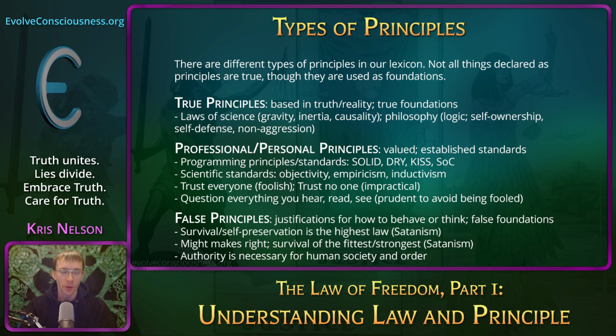Or authority is necessary for human society and order. So you can't have order without authority. You can't have human society without authority. Well, these are false foundations. These are false principles.